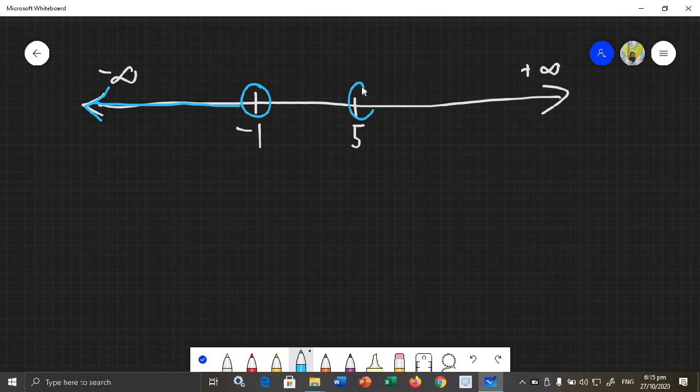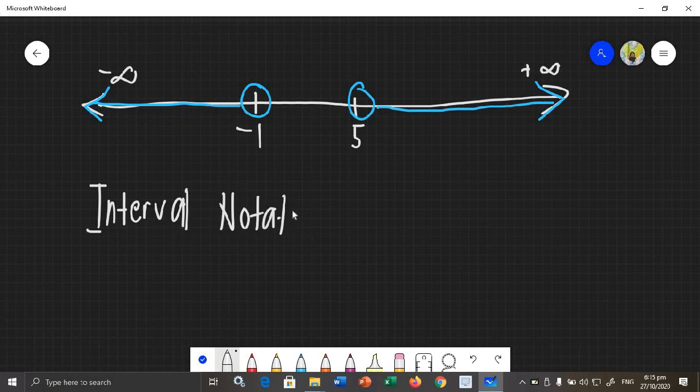And then 5 is also not included in the solution. That's why I draw an open circle. So if I am going to write the interval notation of this given, you will come up with these answers. Negative infinity and then negative 1, we will use parentheses because negative 1 is not included in the solution.